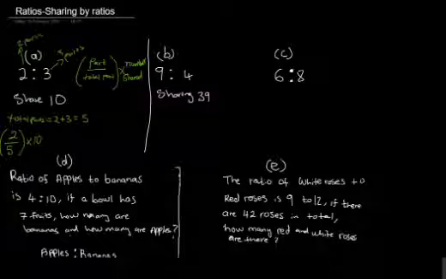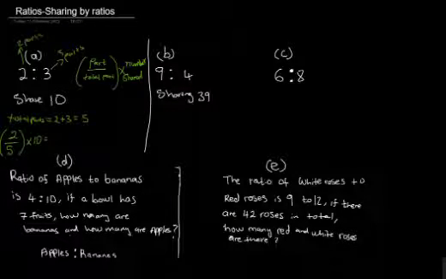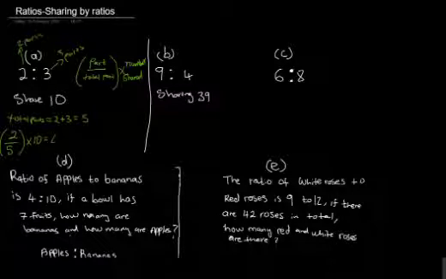That is equal to 4. You can use your calculator, or you can say 2 times 10 is 20, and 20 divided by 5 equals 4.